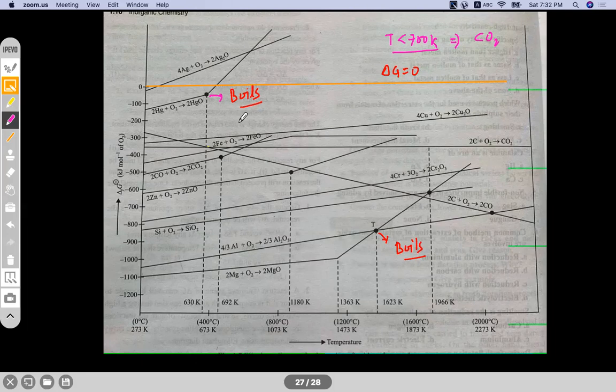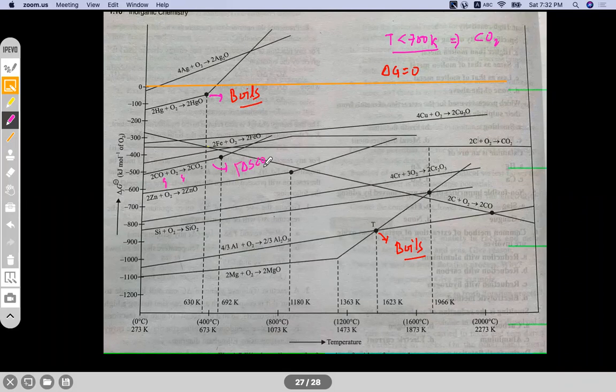If you want to understand this reaction, why the slope is like this, the logic for the phase change is the same as what I said just now. If you look at delta S for this reaction, is delta S less than 0 or greater than 0? This is gas, and this is also gas, so 3 moles convert into 2. Delta S is decreasing.